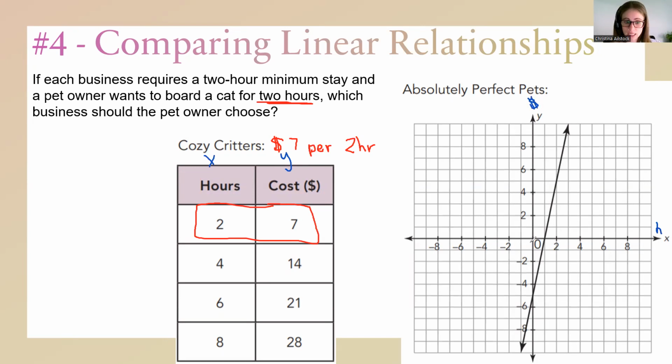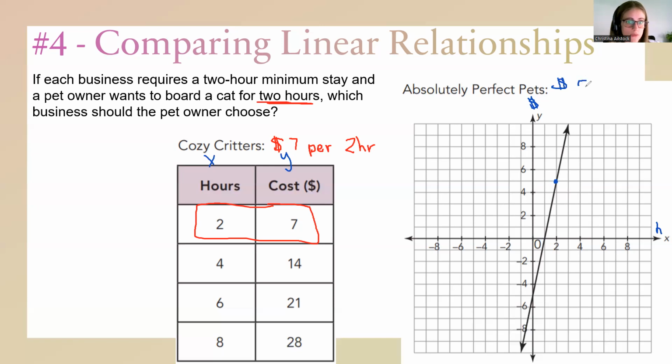So we can find 2 hours. So we're going to come over here to 2 hours, and then I'm just going to go up until I hit my graph, because that's going to tell me what the cost is for 2 hours. And that's located right here at halfway between 4 and 6 would be 5.